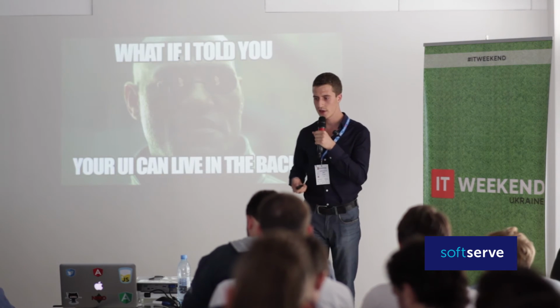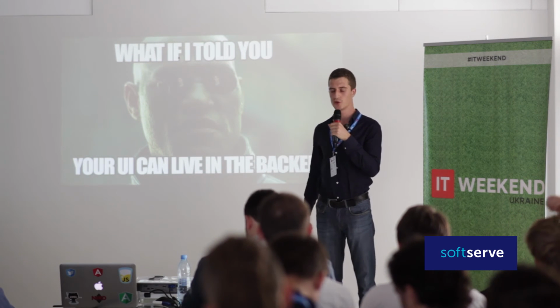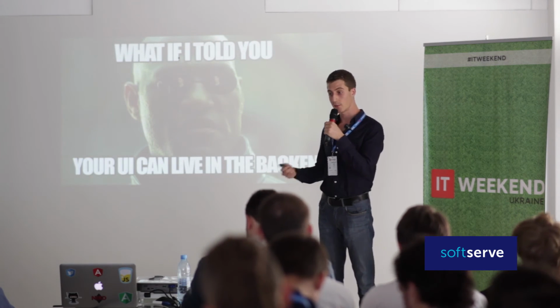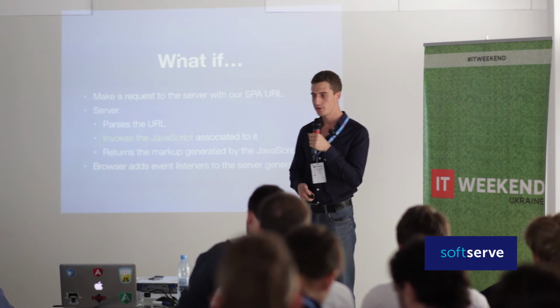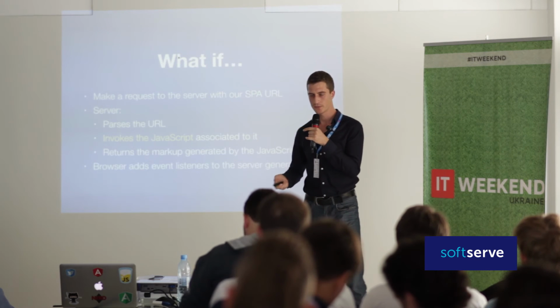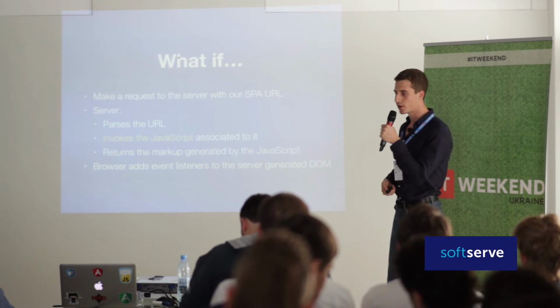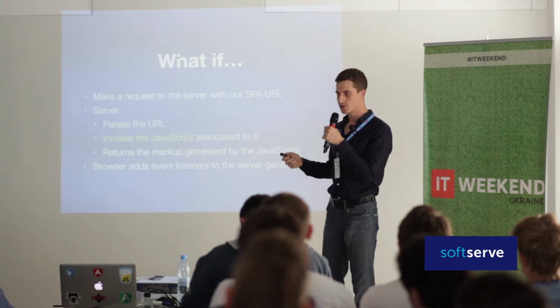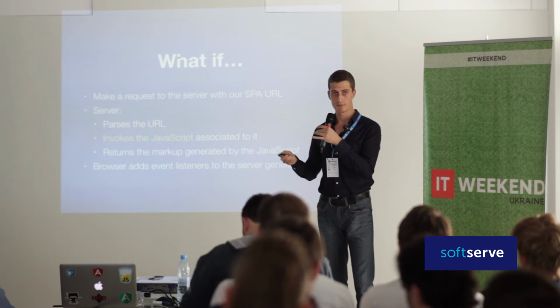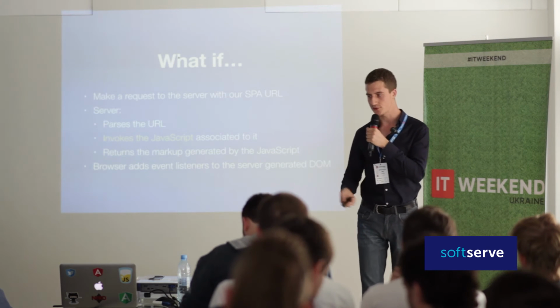So what if I told you that your UI can live in the backend? This is something you're going to listen about a little bit later. What if the user can make a request to a single-page application with the single-page application URL? The server can parse this URL. It can invoke the JavaScript associated with the page, which is associated with the view, with the URL you're passing to the server.